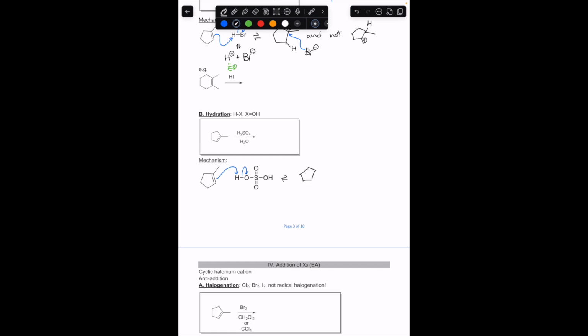Likewise, as before, the proton will be on the less substituted carbon, so that the carbocation will be on the more substituted carbon. Now, the problem, of course, is this is not nucleophilic. And so for that reason, what's going to happen is the solvent water could attack that carbocation.